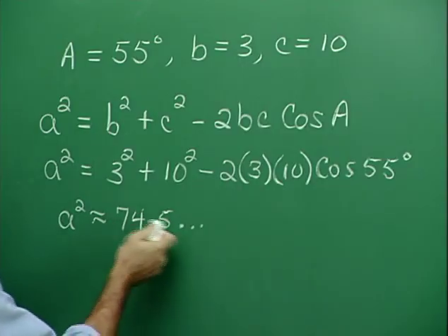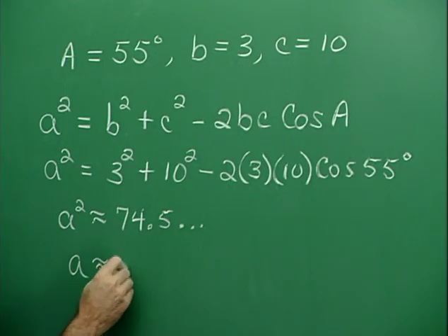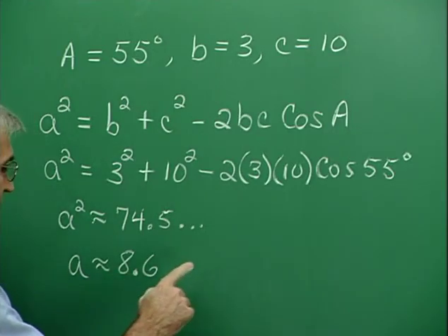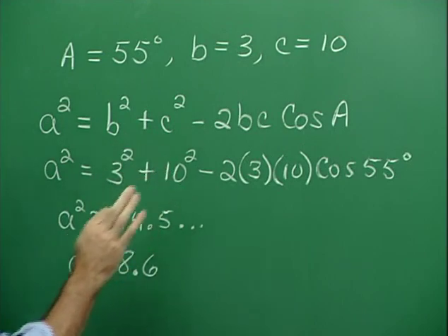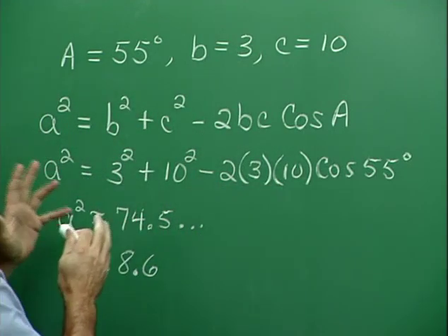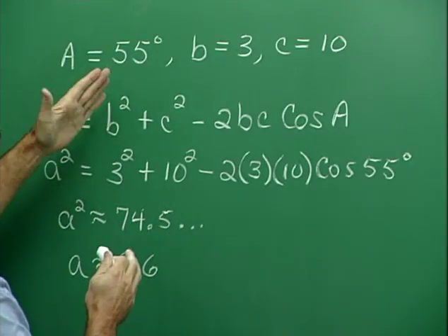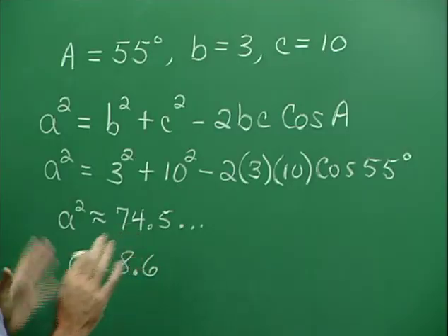And then we want the square root of this for A to be approximately 8.6, let's say. Now again, I say let's say because it goes on as a decimal, and I'm rounding it off to the nearest tenth. Now we would decide to solve for the other aspects of our triangle. We have the third side, so we need the other angles, and that's all there is to it.